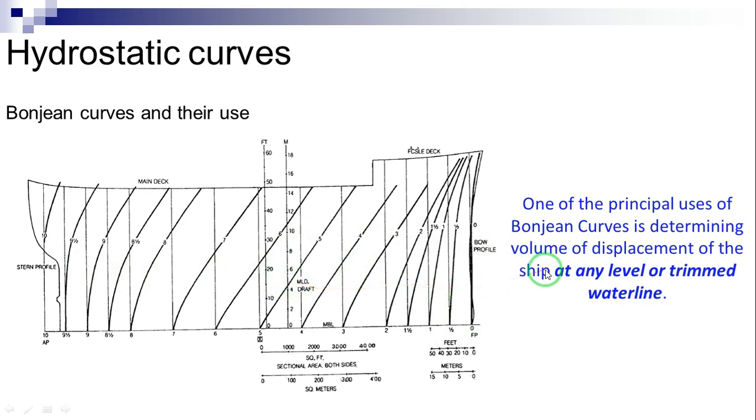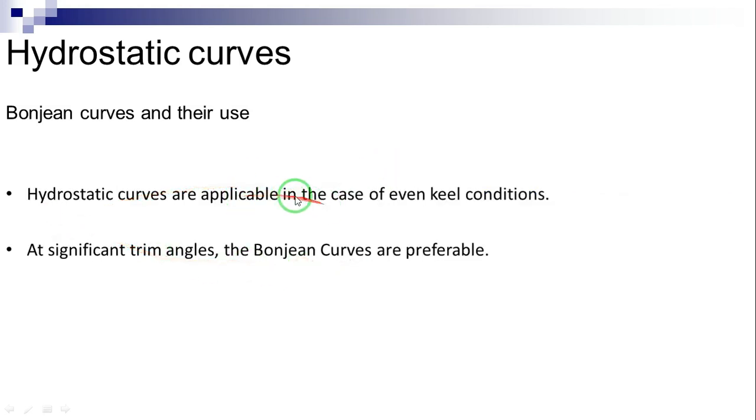In the case of a trimmed waterline, the trim line may be drawn on the profile of the ship and drafts are read at which the Bonjean curves are to be entered. By drawing a straight line across the ship profiles within Bonjean curves, as we can see in this figure, the drafts at which curves are to be read appear directly at each section. Therefore, the hydrostatic curves are applicable in the case of even keel conditions, and in the case of significant trim angles, the Bonjean curves are preferable.